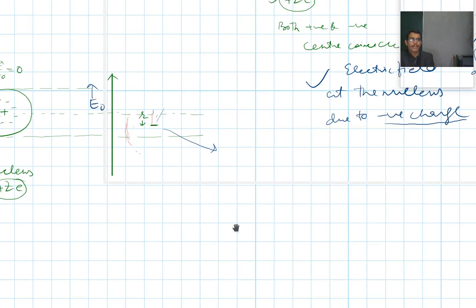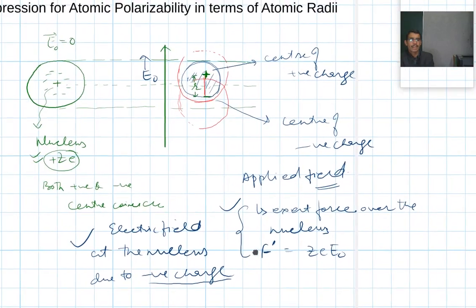So here, this is the sphere about which I am talking. This is the sphere of radius r, because this is the separation between positive and negative charge, right? So it is negative r. So I want to find out how much charge is over this sphere.